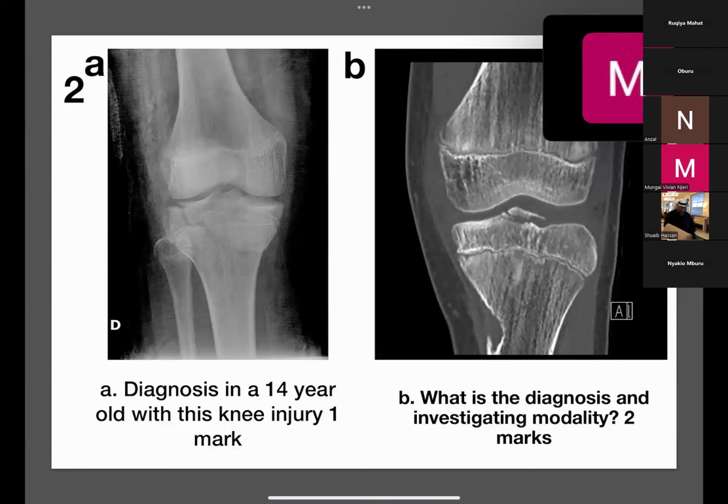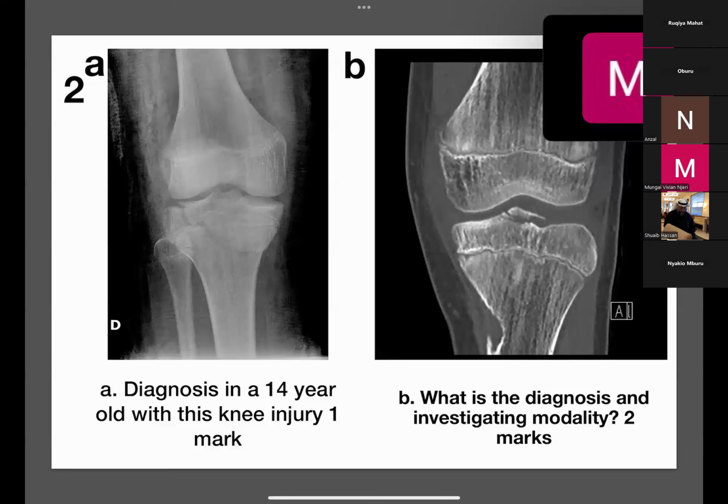What is the next answer? Anyone want to give it a go? The key is over here. You can clearly see here. This is one which you may argue whether or not it's above your level.